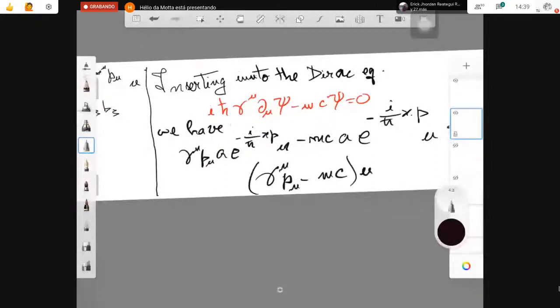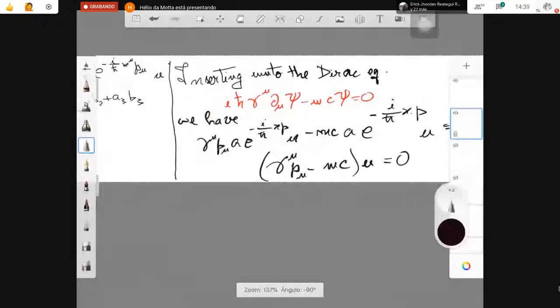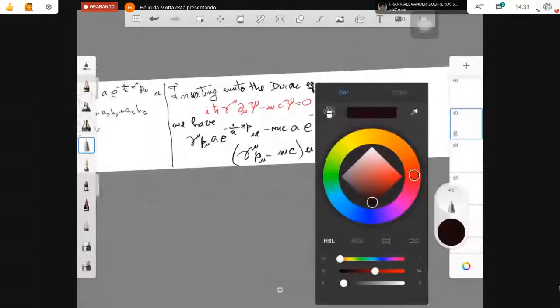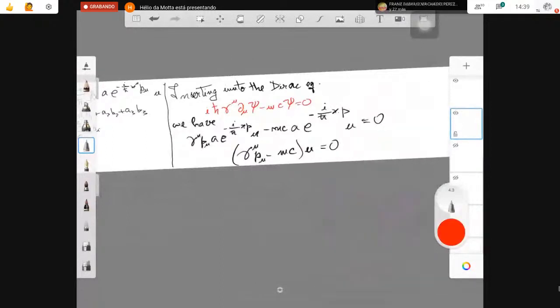Okay, so this equation has to be equal to 0. We have this result here. Okay, it's simple algebra, not a big deal.